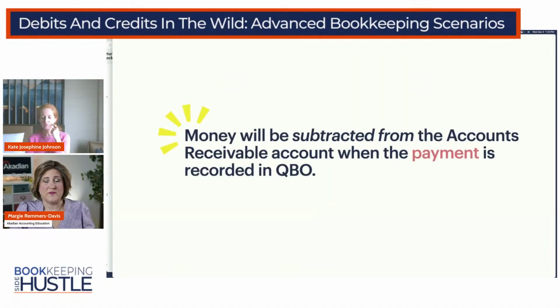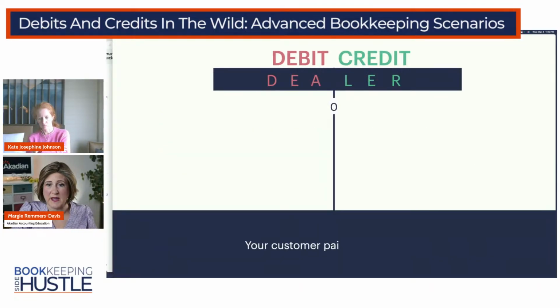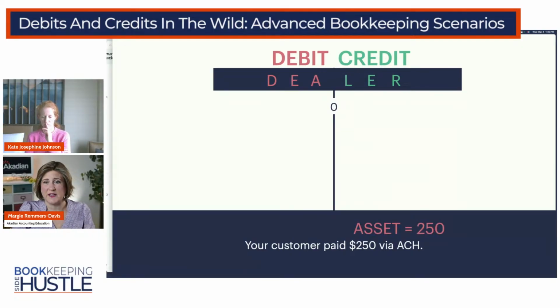Now, when the customer pays it, the money is subtracted from that accounts receivable account. Previously we used the example that your customer paid $250 via ACH. This is the same example.